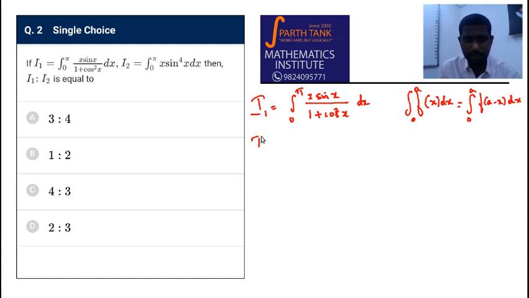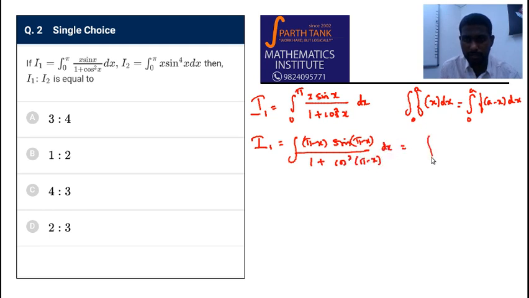So in this case, using this rule, 0, a is pi, I1 can also be written as integral, put a minus x in the place of x, that is pi minus x in the place of x: pi minus x, sine of pi minus x by 1 plus cos squared pi minus x dx.